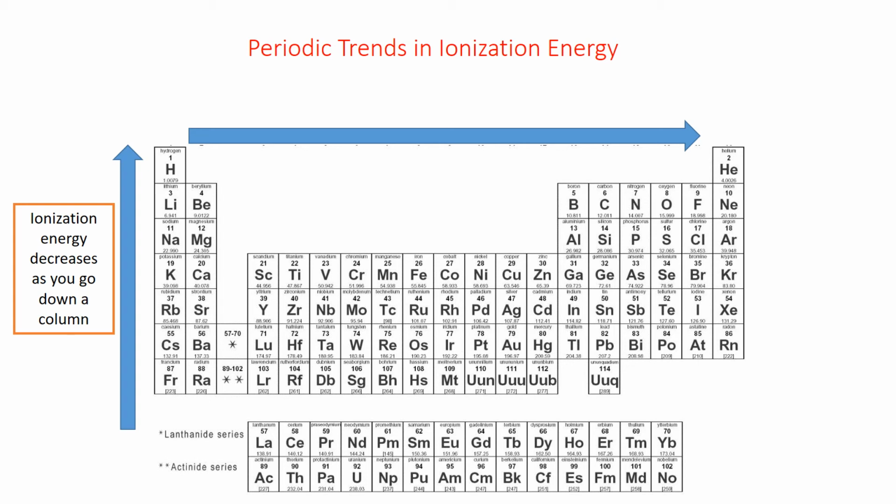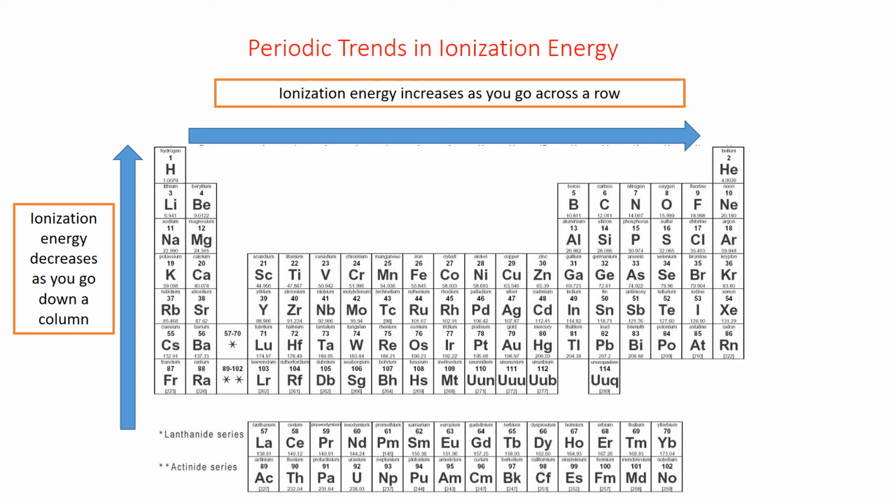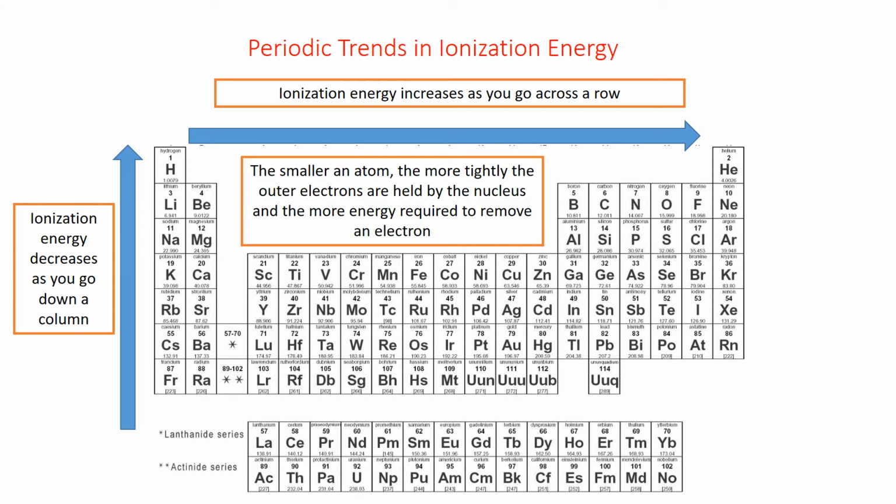I show the arrow pointing to the elements that we expect to have higher ionization energies. And ionization energy also tends to increase as you go across a row. In general, the smaller an atom, the more tightly the outer electrons are held by the nucleus, and the more energy is required to remove one of those electrons.